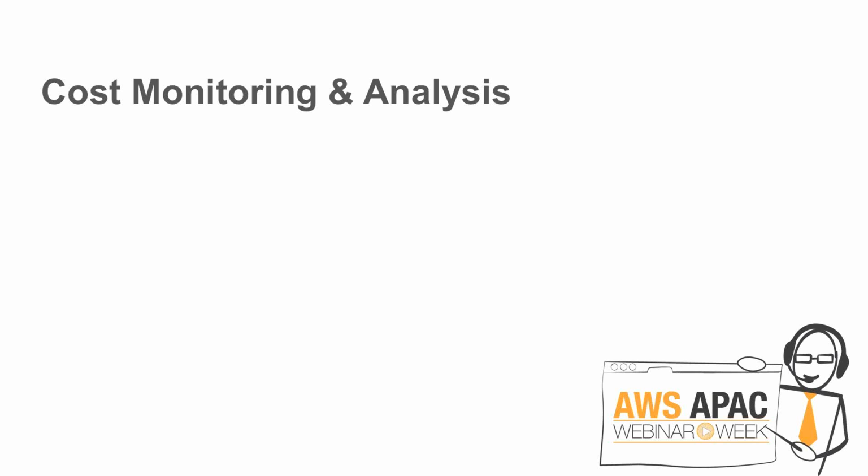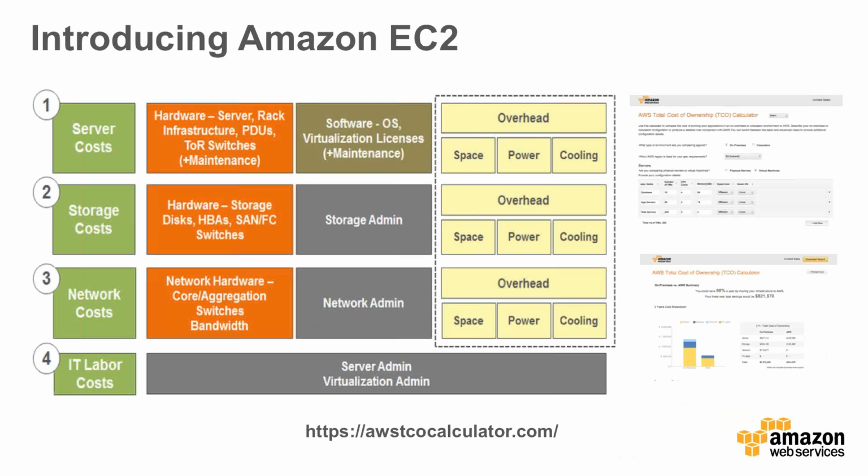First up is the AWS TCO Calculator. You can use the TCO Calculator to compare the cost of running your applications in an on-premises or a traditional hosting environment to AWS. Typically, customers will use the AWS TCO Calculator to estimate the TCO of running their solution on AWS versus on-prem or a hosting environment before they deploy to AWS.